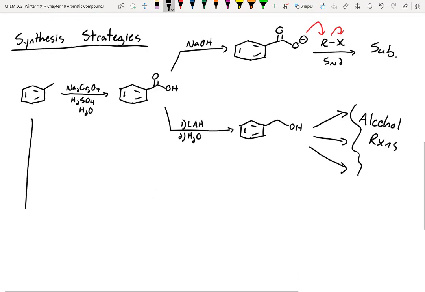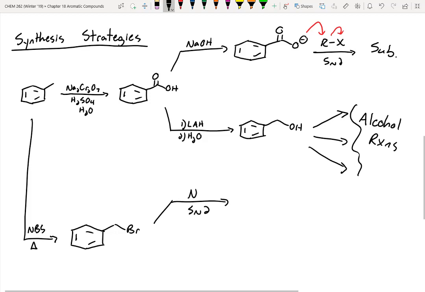Conversely, like we saw, we could react this with NBS and heat. And if we do that, then we can install a really nice functional group. And then from here, we can do SN2 chemistry with some sort of strong nucleophile.